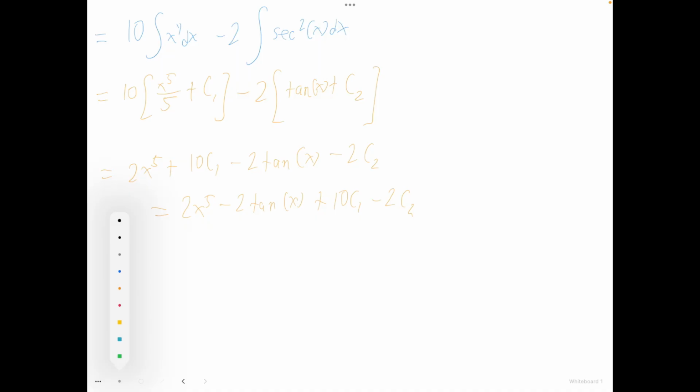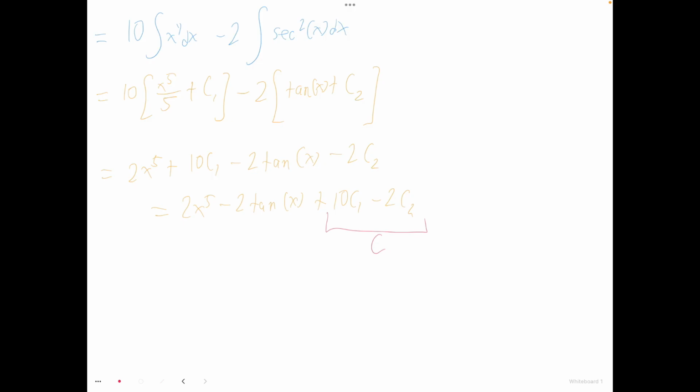But now the thing to note here is c1 and c2 are just arbitrary constants. And so I take 10 times some arbitrary constant minus 2 times some other arbitrary constant. The result is just some other arbitrary constant. As c1 and c2 can be any number, I can get any number out of this combination.